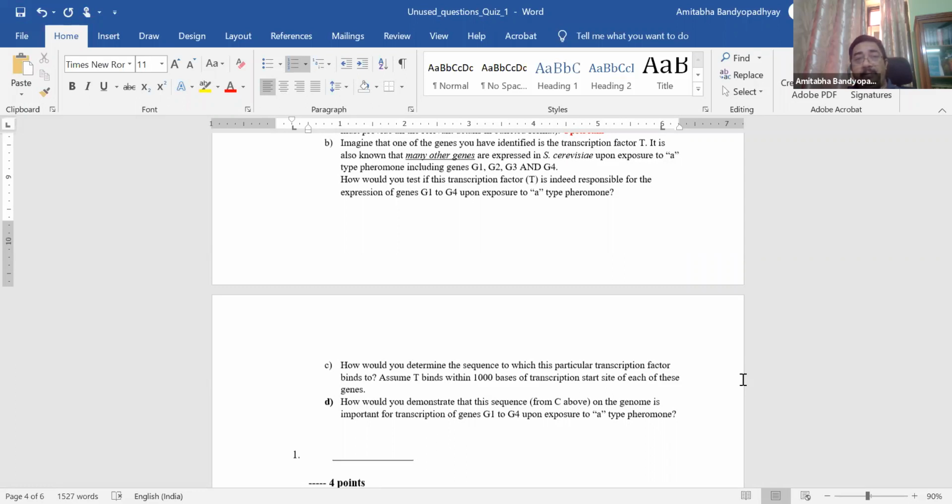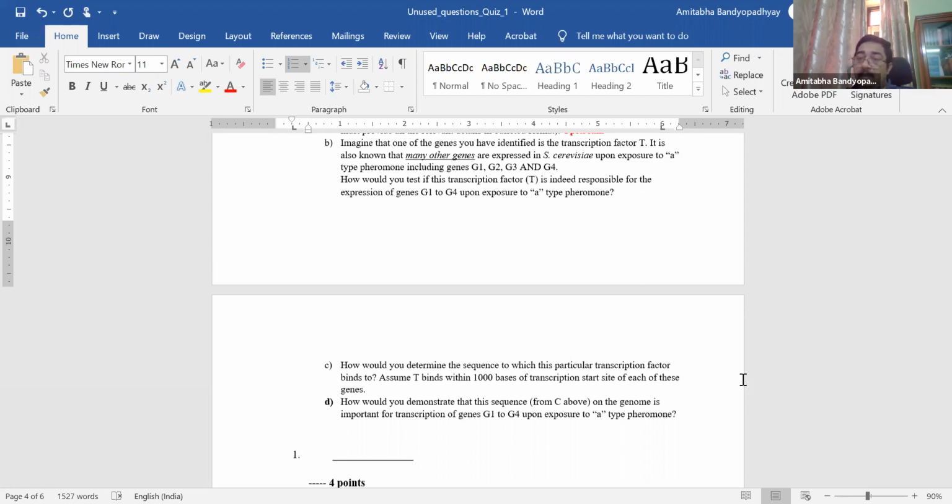Yes. So to test if this transcription factor T is responsible for expression of genes G1 to G4, after we inactivate T, can we then design a construct where we induce the expression of T with the help of an inducible promoter, and then see whether genes G1 to G4 are being expressed when T alone is expressed without any A-type pheromone? Yes, that will be a very good confirmatory experiment.